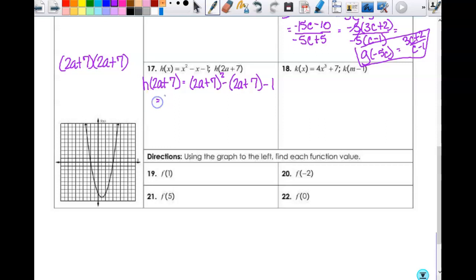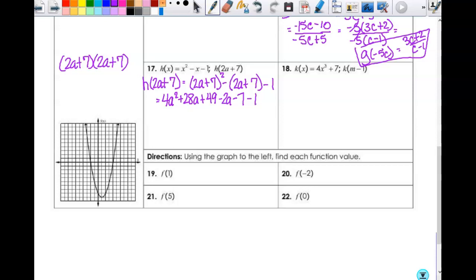When you do that, this is going to give you 4a squared plus 28a plus 49. Then I'm going to distribute that negative, so that's minus 2a minus 7, and then minus 1. And if you're not already there, you need to get to the point where you can write it out and think about it pretty much just as quickly as I just did.